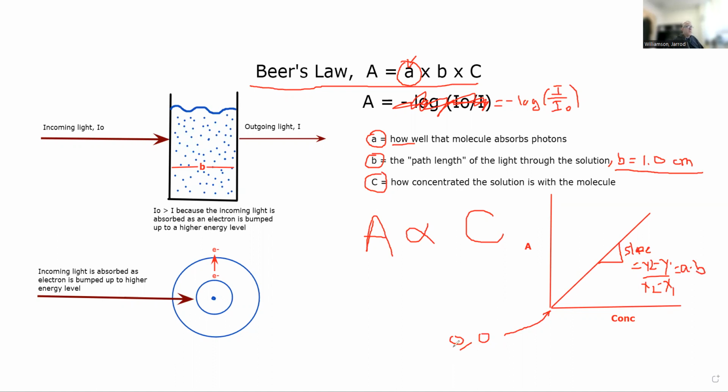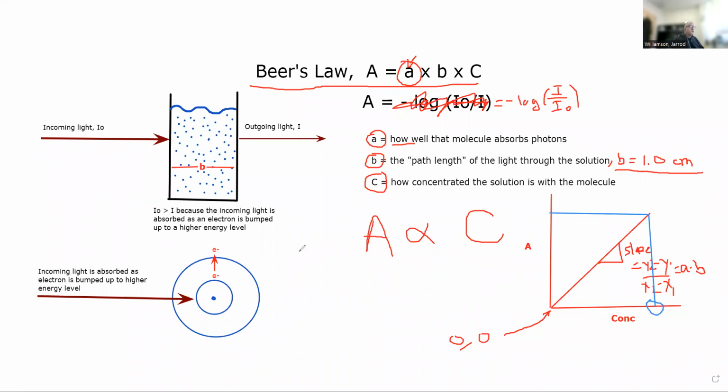Don't use rise over run. But anyway, if we do that, we'll be able to predict later, if we measure an unknown sample and get its absorption, we'll then be able to tell what the concentration is for an unknown sample once we make our Beer's law plot.